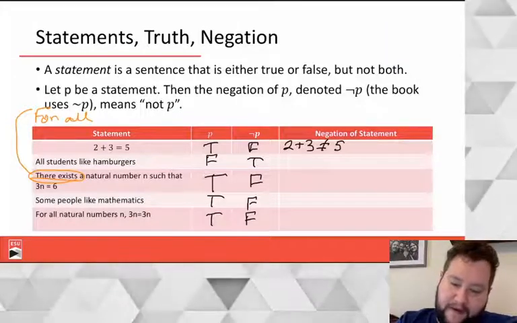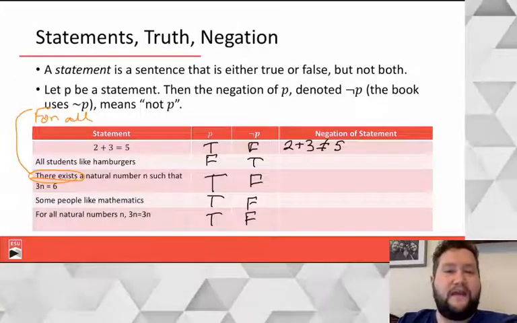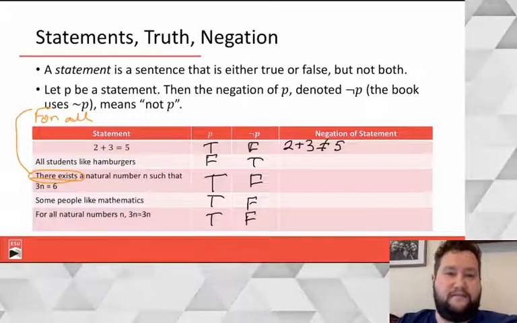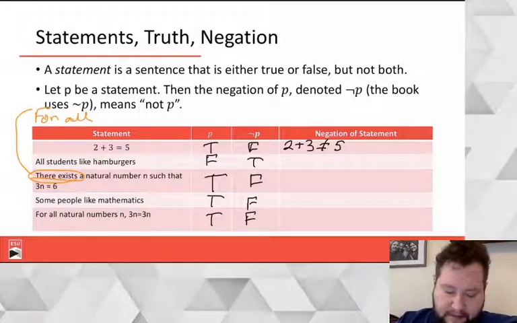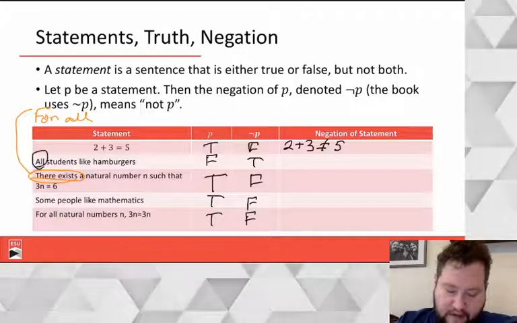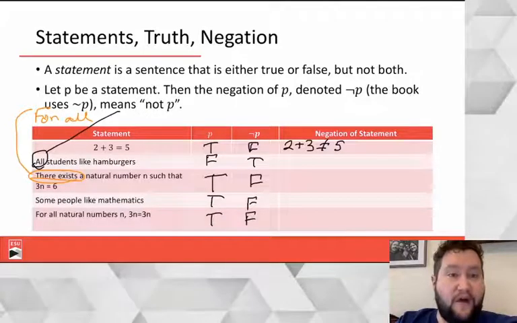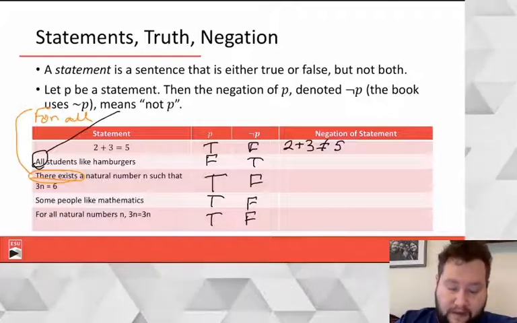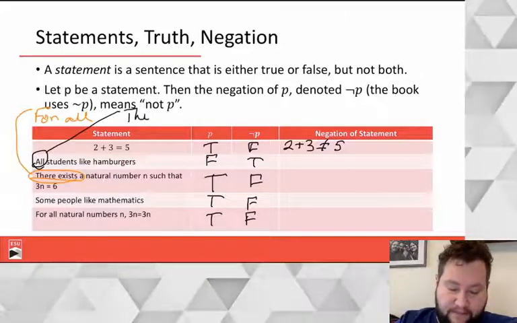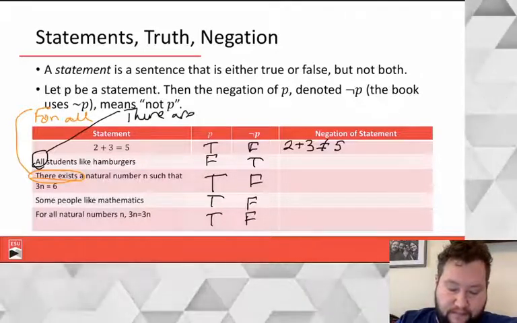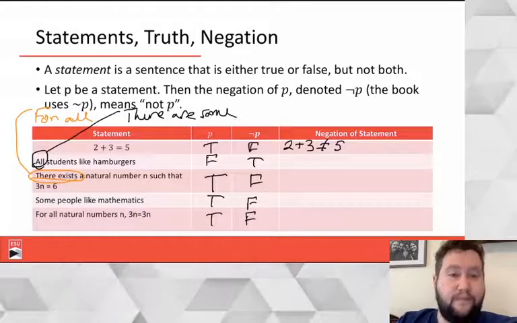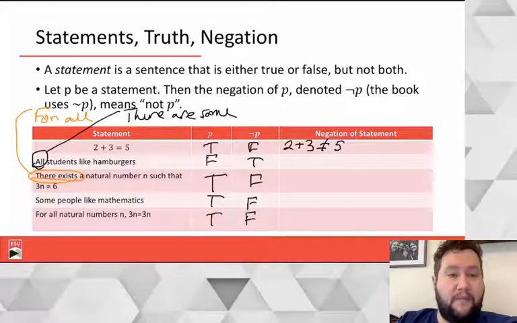Because the next one is all students like hamburgers. So all, the negation of all is, instead of all do, there are some. All students like hamburgers.